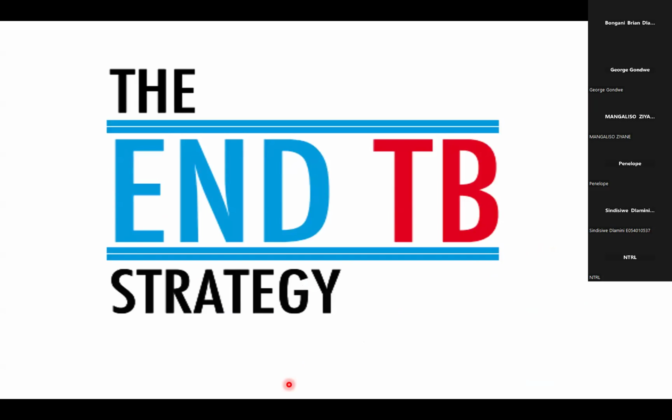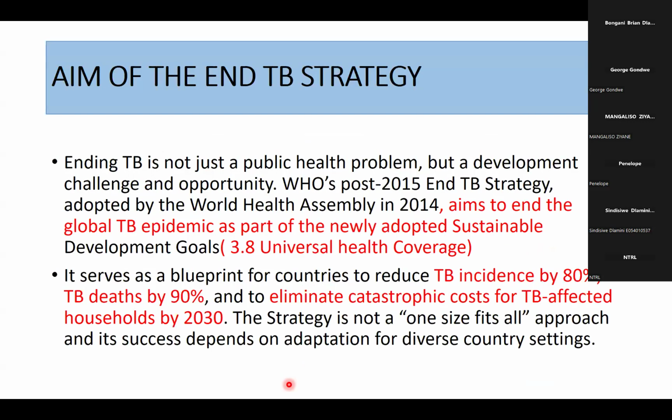So I'll just go straight to what it entails. As I've mentioned, the World Health Assembly in 2014 sat down to discuss issues related to TB. The aim is to end the global TB epidemic as part of the newly adopted Sustainable Development Goals. This background information is very key for us, colleagues, to understand that this is not just the Eswatini problem, but a global challenge.